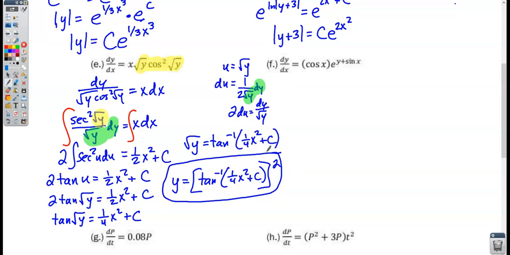Part F. Now, the problem with part F is that I've got this e to the y plus sine of x that I can't separate, but that's a problem that we can easily overcome by rewriting it using exponent rules.